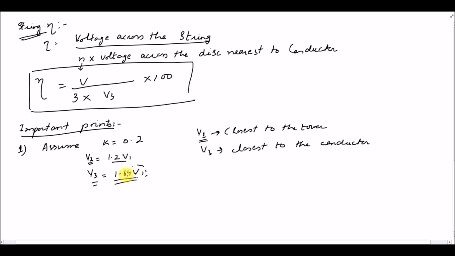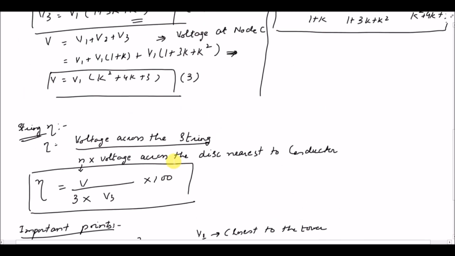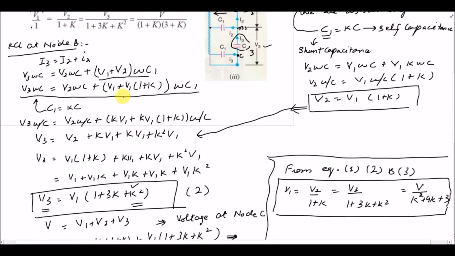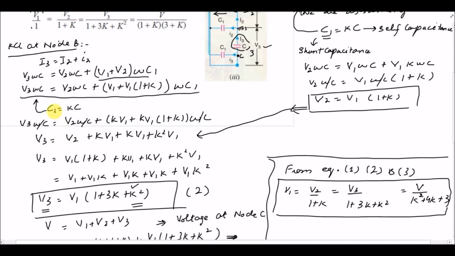Now there is one more point that can be derived from the equations of the voltages: the voltage value is dependent on the constant K, and this constant K is the relationship of the shunt capacitance and the self capacitance.